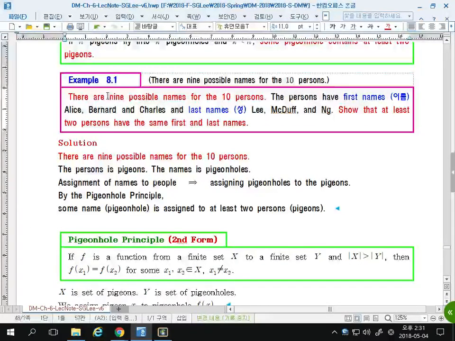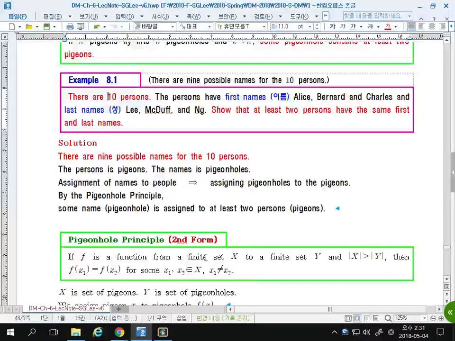There are 10 persons and the persons have first names and last names. So that at least 2 persons have the same first and last name. Okay. 여기, 그러니까 이게 네, 무슨 말인지 알죠?